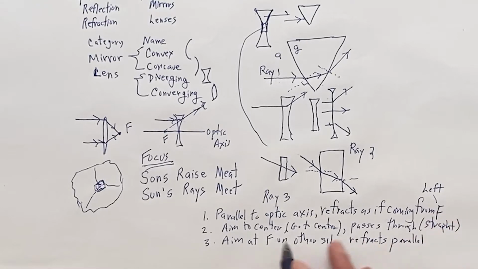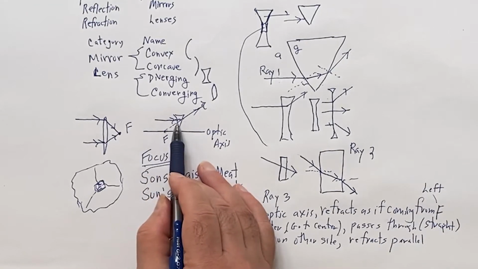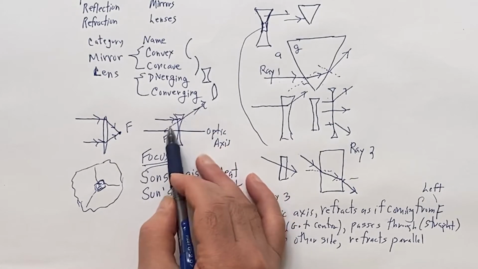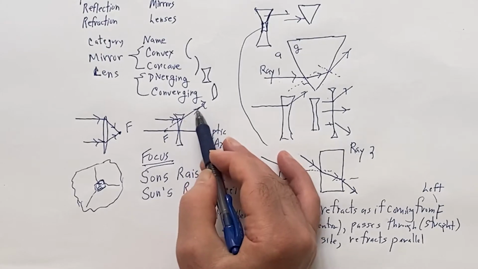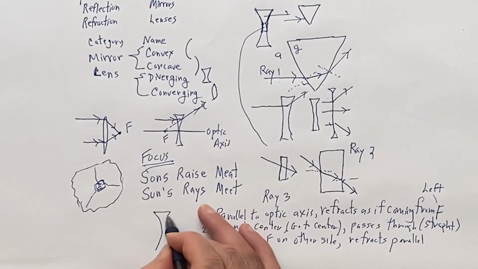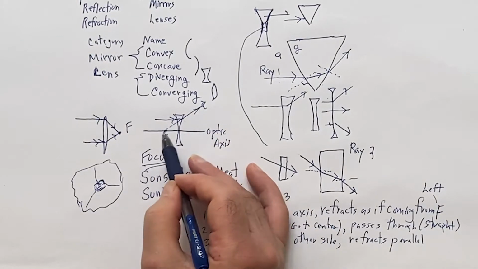All right, so let's look at these 3 again. If you come in parallel, you refract as if coming from the left F. If you run this backwards, that's ray 3, you're going to aim toward F. Let's give the 3 rules in order. So if you're parallel, you refract as if coming from the F on the left.